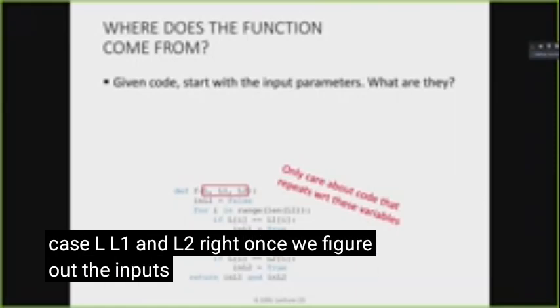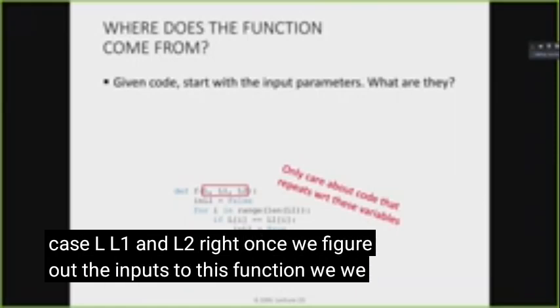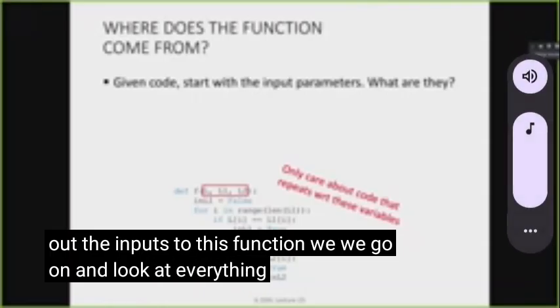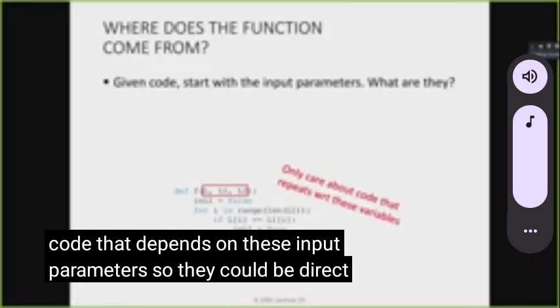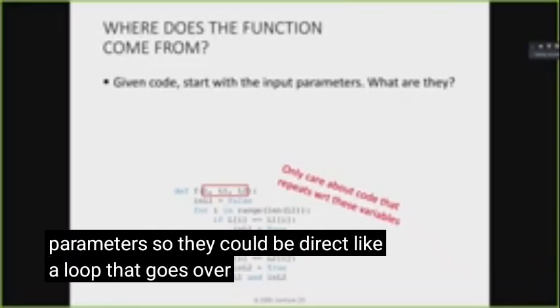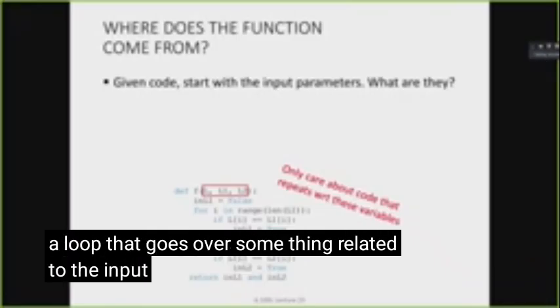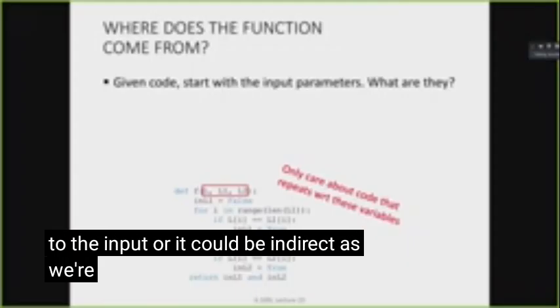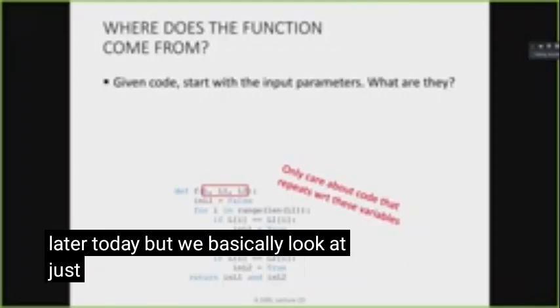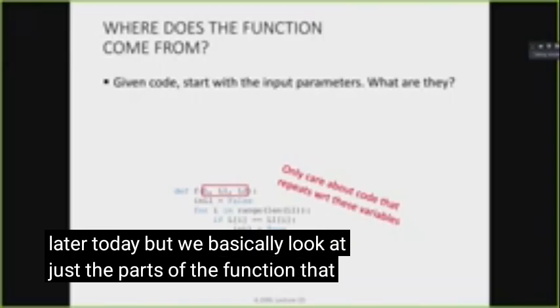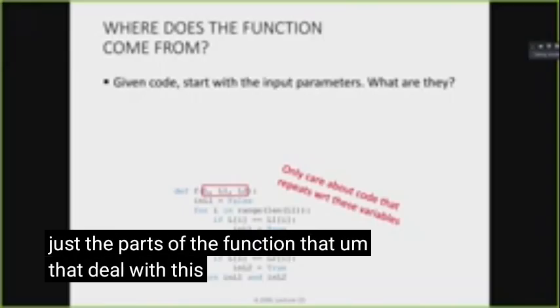Once we figure out the inputs to this function, we go on and look at everything within the code that depends on these input parameters. So they could be direct, like a loop that goes over something related to the input, or it could be indirect, as we're going to see in some examples later today. But we basically look at just the parts of the function that deal with this input.